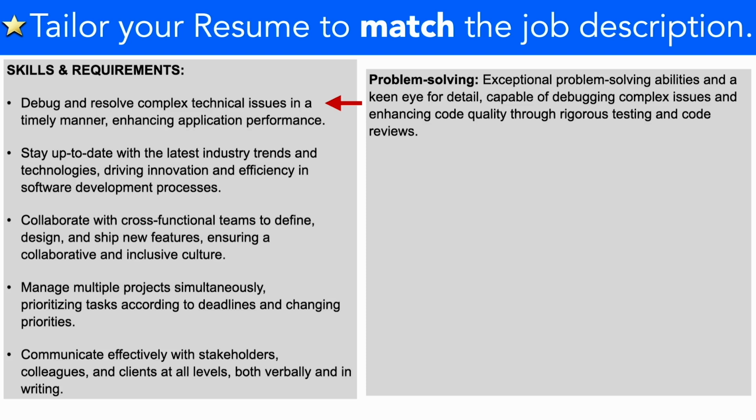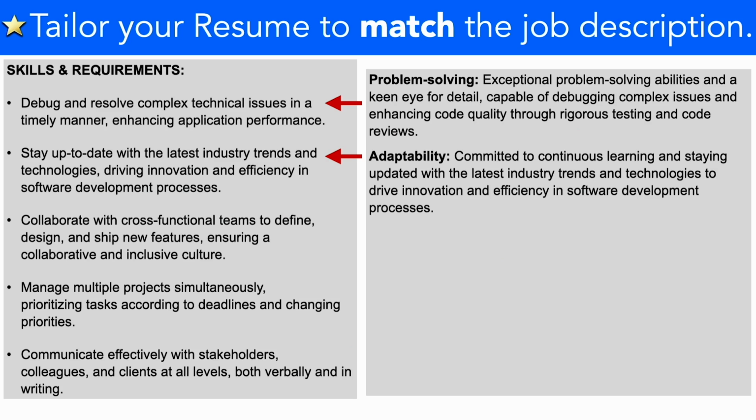The next software developer requirement is to be able to stay up to date with the latest industry trends. So you could say this: adaptability, committed to continuous learning and staying updated with the latest industry trends and technologies to drive innovation and efficiency in software development processes.